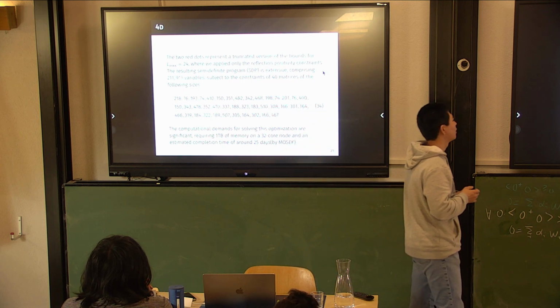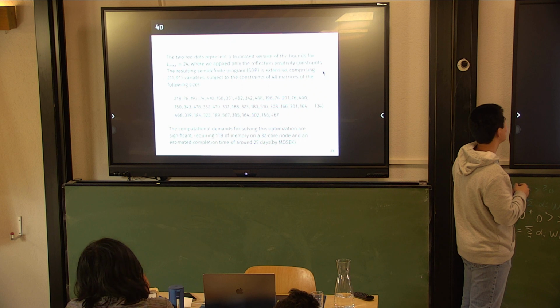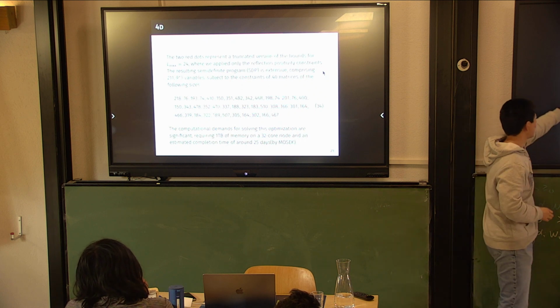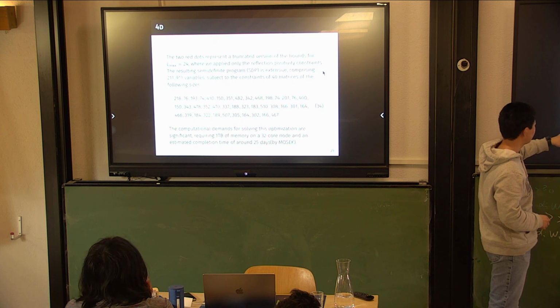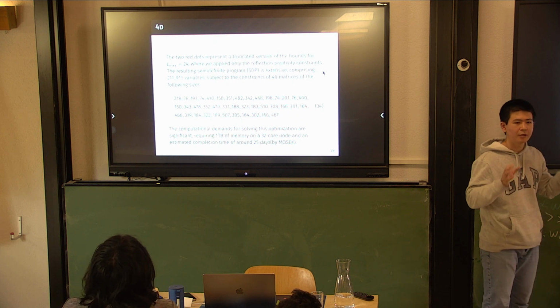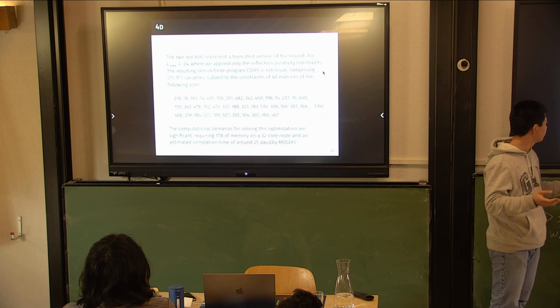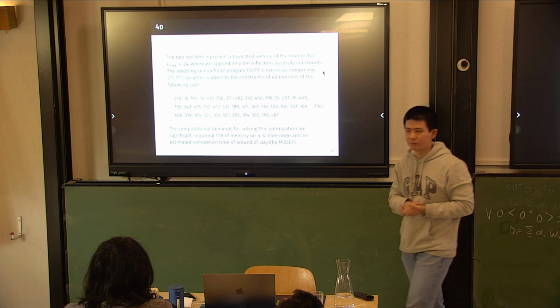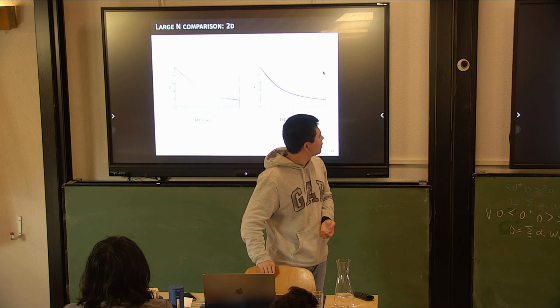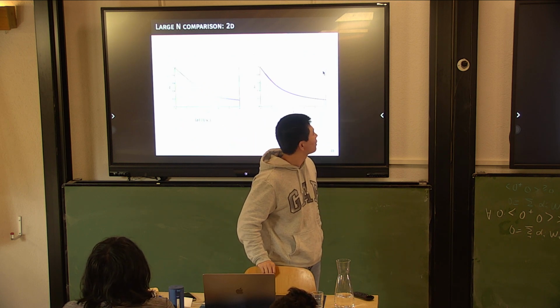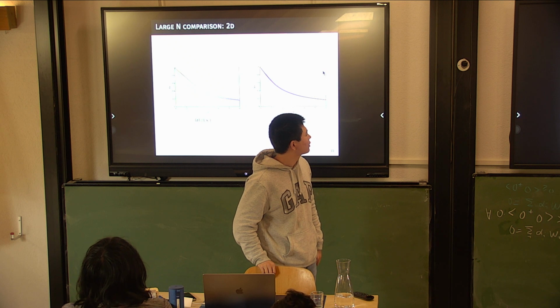And this is the SDP matrix, they are 40 matrices, and these are the sizes of the matrix. So it takes like 1 terabyte of memory on a single machine with 32 cores and 25 days to finish 1 point. So this is some comparison finally with some large N result.